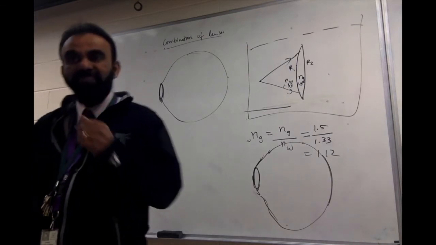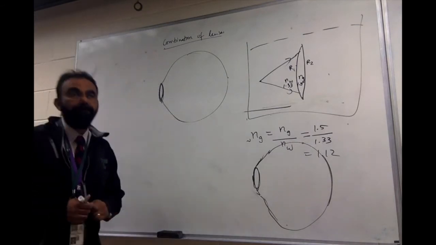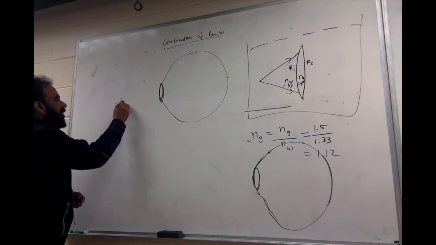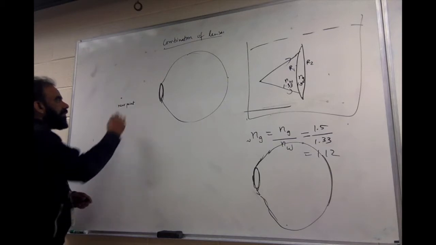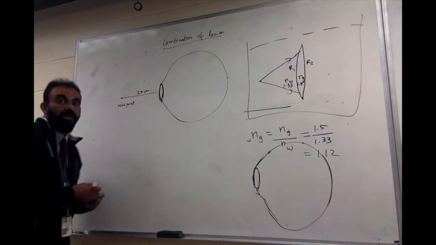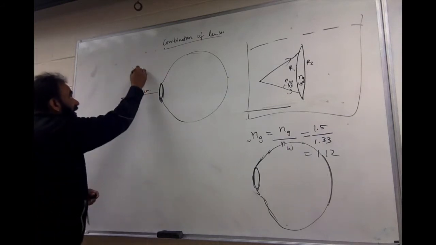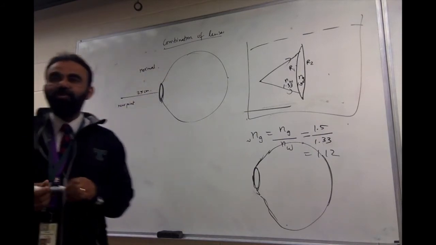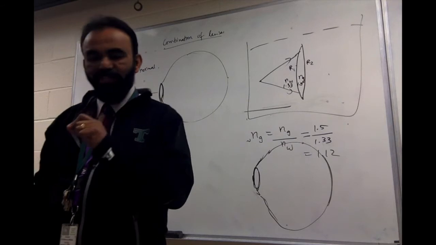Suppose there is a certain distance called the near point. Now near point approximately is 25 centimeters for a normal person. This is a normal eye. A near point is supposed to be 25 centimeters for a normal eye.